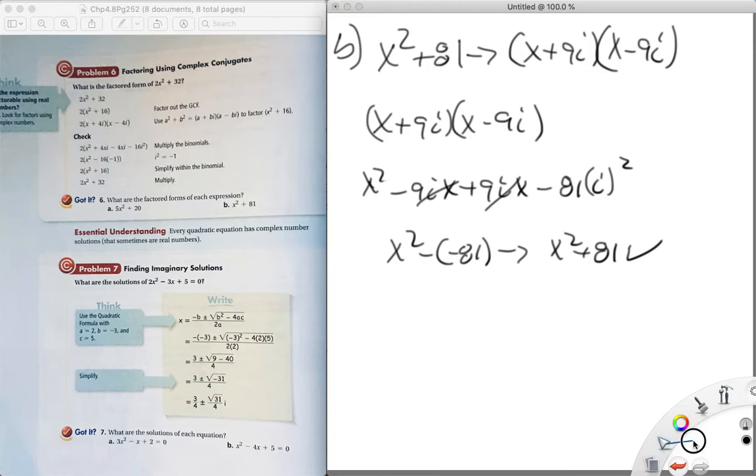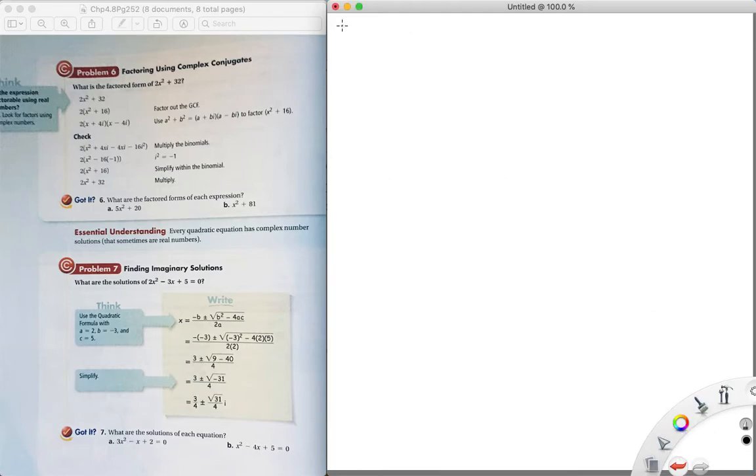And then lastly, I can use the quadratic formula. And remember, the quadratic is x is equal to negative b plus or minus the square root of b squared minus 4ac, over 2a.